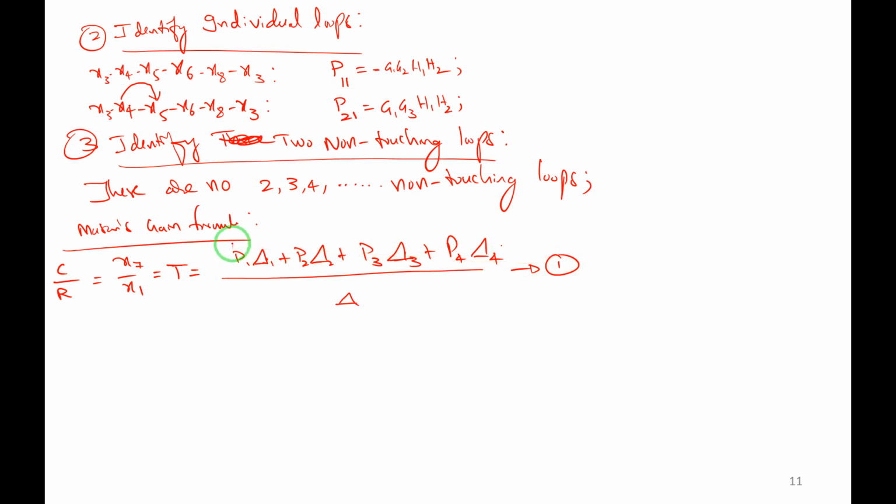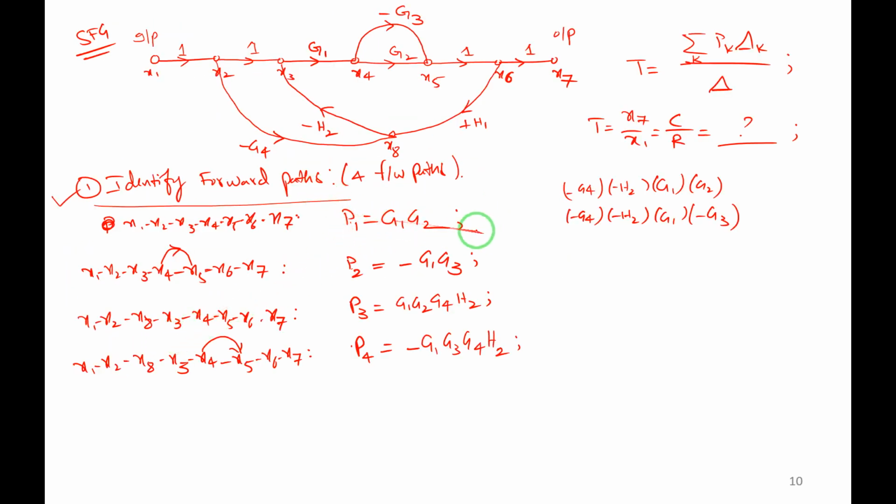We already know P1, P2, P3, P4, the gains here. Then we will calculate delta 1, delta 2, delta 3, delta 4, and then find delta. So what is delta 1? I'll write with respect to the first forward path, the straight line like this.